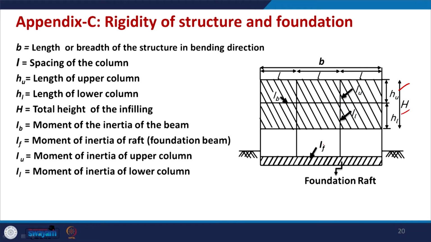If I combine them together, then capital H is the total height of the infilling, where infilling is done here, and in the ground floor there is no infilling. So, infilling is on the first floor and the second floor.